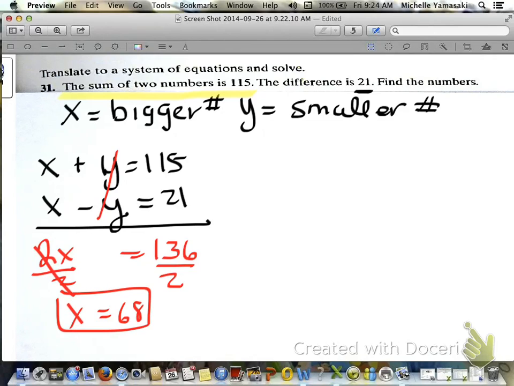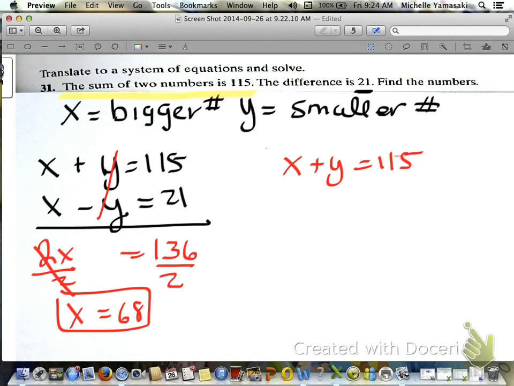Am I done here? Okay, so what am I going to do with that next? Yes. You plug it in. Substitute in. Yeah. So if I have X minus Y equals 21, I'm going to substitute it in for, actually I'm going to go with the other equation, X plus Y. I get myself in trouble with negatives.